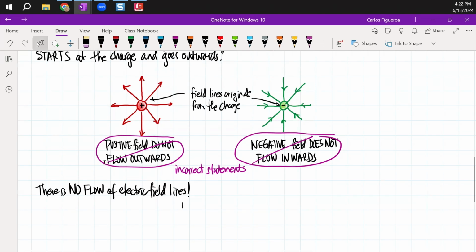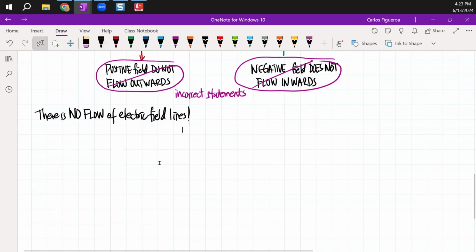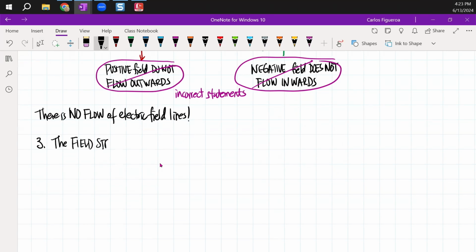I mean, there is an initial startup where it moves at the speed of light. So to try to get a little bit more into this, we then go to the next characteristics. The field strength is solely determined.